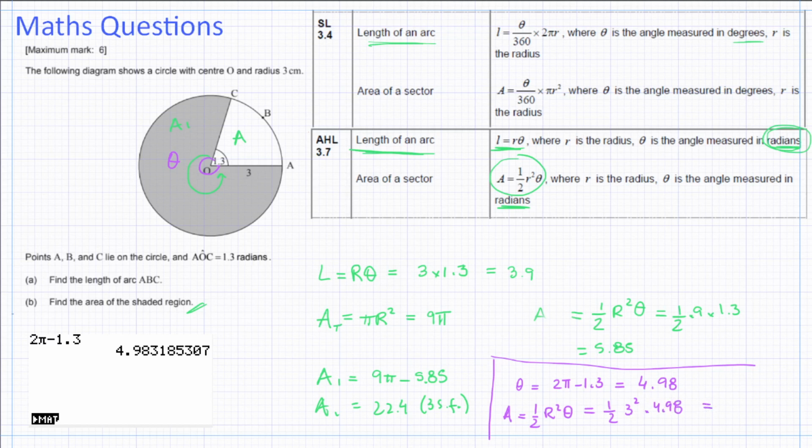So if we put that here, so do 0.5, which is a half, times 3 squared, which is 9, times 4.98, and that should give us 22.4 if we keep this up to 3 significant figures. So we got the same result, which is, well, a good sign that what we have done is right.